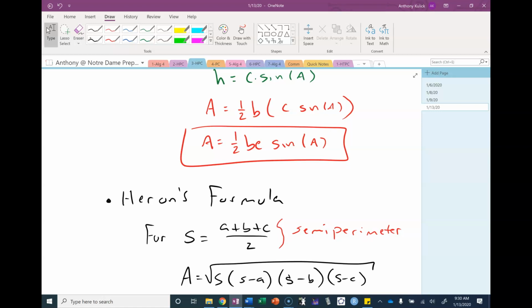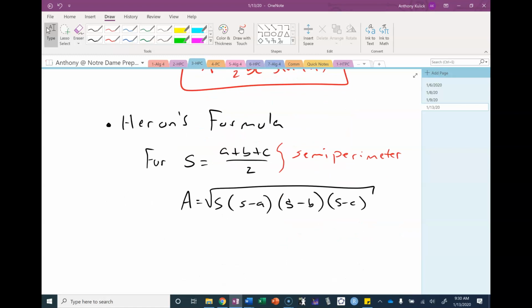Okay. If you're interested in the derivation of this, it's in the lesson notes on the internet. I'm not going to go through it again here because it's pretty lengthy and I don't think it's really that informative. The thing that I'd want you to take away from it is that this Heron's formula is based on that previous area formula we just developed.